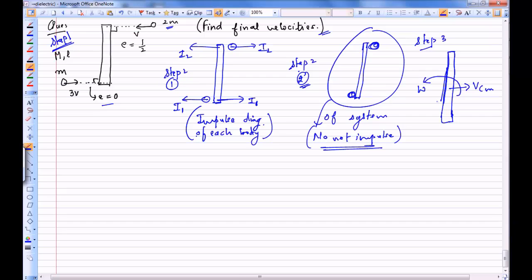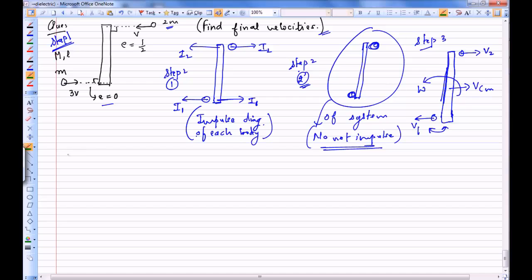Your directions might be opposite to what I have assumed; in the final step the values will just come out to be negative, so don't worry about it. Then suppose the velocity of this particle just after collision is v1, and the velocity of this particle just after collision is v2. Although I already know these two are going to stick just after collision, let's assume this velocity is v1 and this velocity is v2.